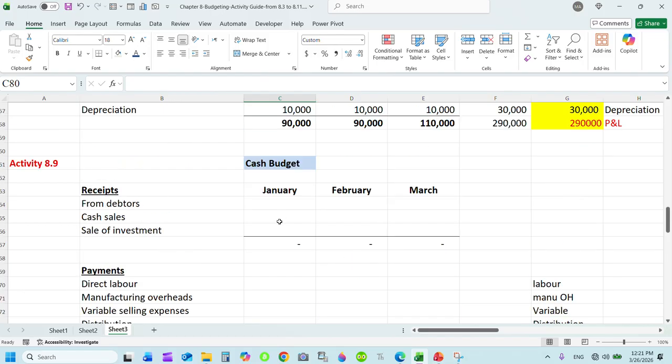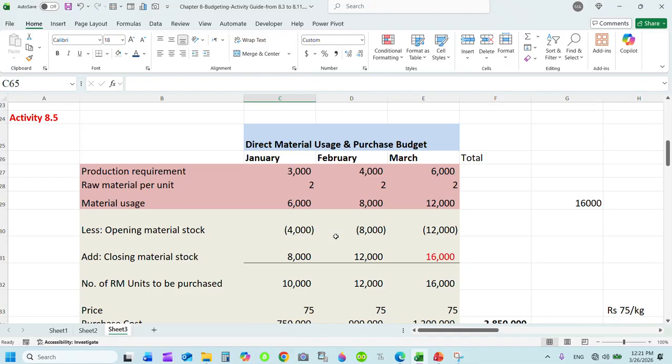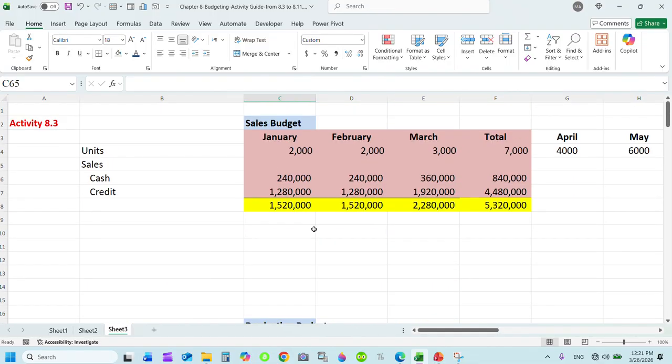Okay. So what are the cash inflows to this business? The main cash flow is coming from sales. And sales are of two types: cash sales and credit sales. From cash sales, we already found this, you can see this is your cash sales.